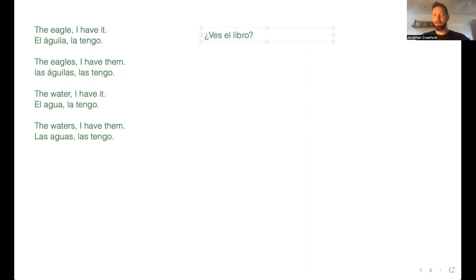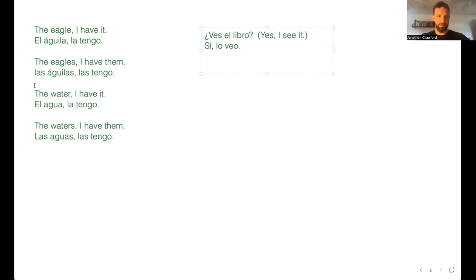Do you see the book? Yes, I see it. How do we say it? Sí, lo veo. Yes, I see it.